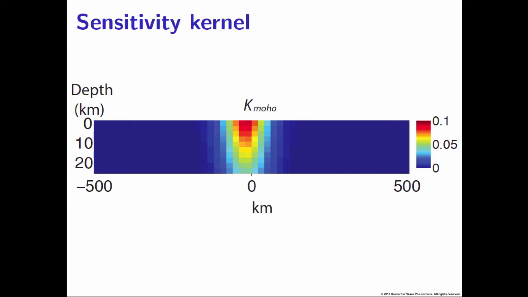If you compare this to the sensitivity kernel computed from just removing the Moho and assuming a 3D half space, that is what you get. And what you see from the result is that there's an increase in the sensitivity kernel with the presence of the Moho.